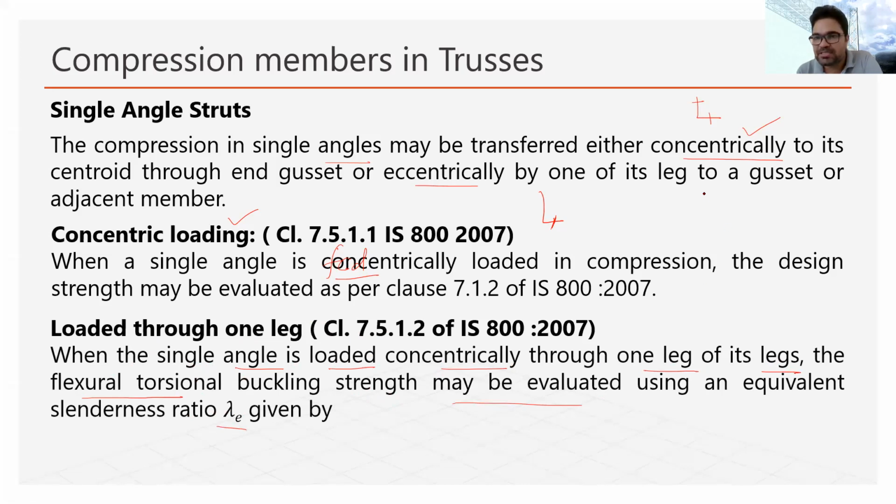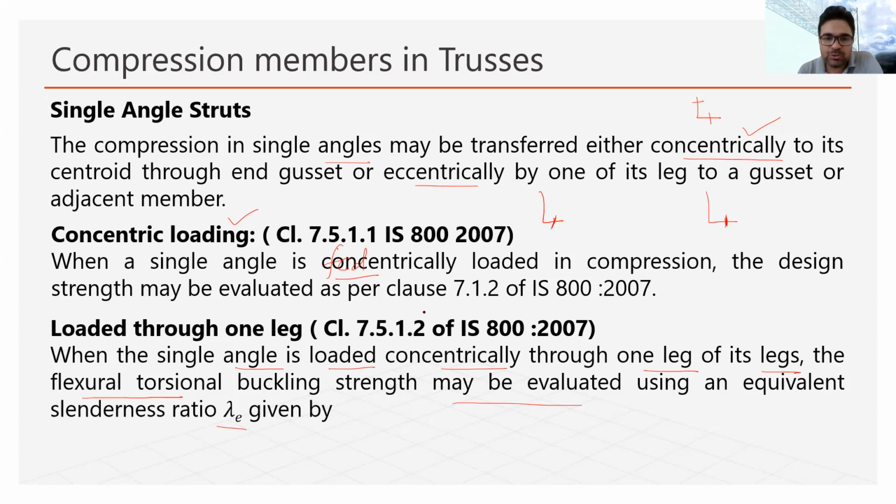When we connect with one leg only, there will be eccentricity, and in that case we cannot use the formula for FCD directly. We have to find the slenderness ratio of the angle section, but it will be called the equivalent slenderness ratio, which is different from the formula we used earlier.